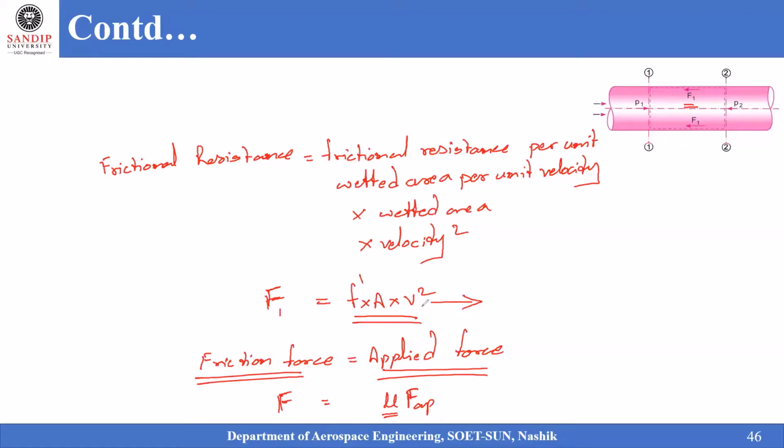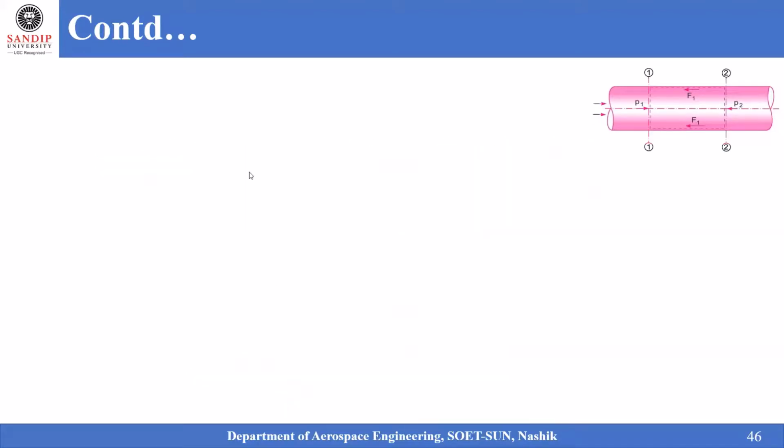So F dash A into V square, we can utilize the momentum equation also, where the momentum equation states that rho A V into V, so that states rho A V square.